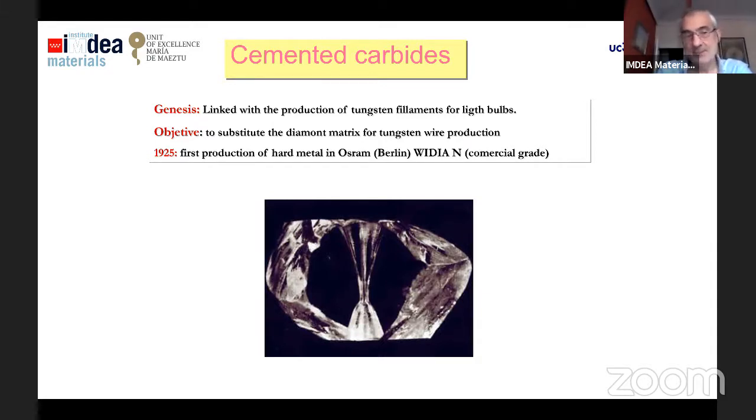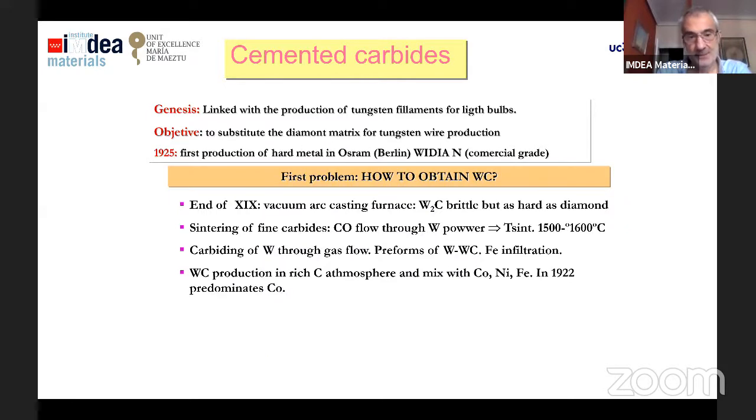In this way, around 1925, the so-called Widia was developed, which in German means as hard as diamond, from another different material, tungsten carbide, cemented carbides. So the first thing was to try to produce tungsten carbide as a material to replace diamond to produce the dies to produce the filaments.